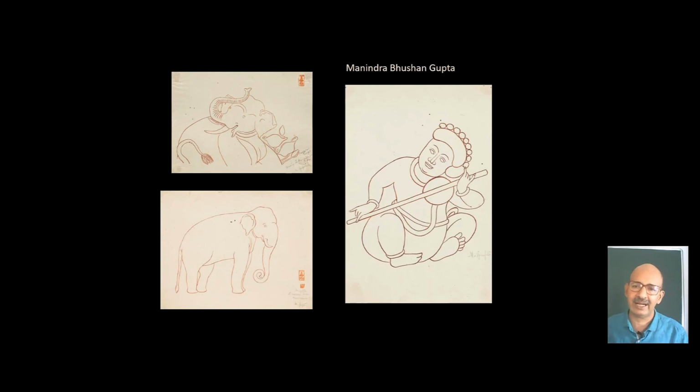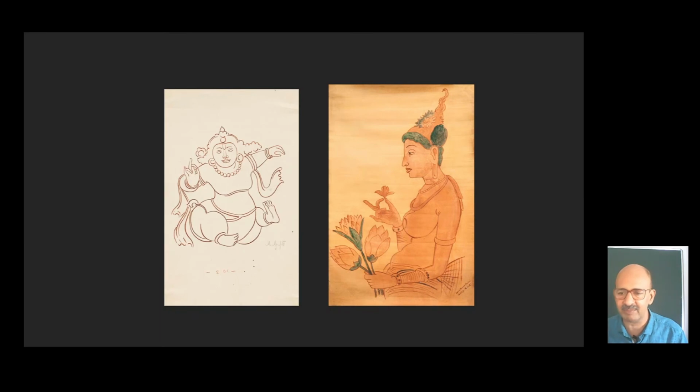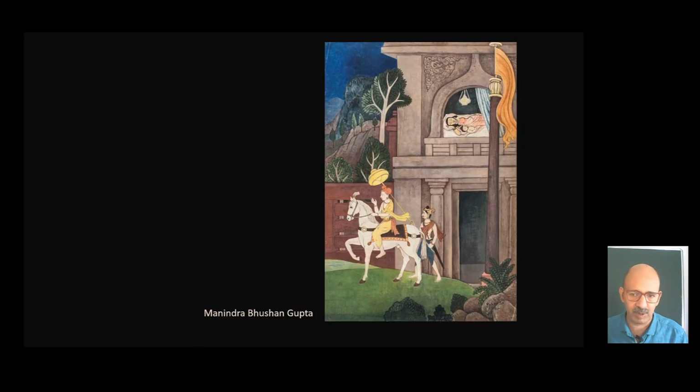Then later, as followers of Bengal school, we have Manindrabhushan Gupta, who directly studied traditional Indian paintings, figures, from sculptures, from paintings, and did plenty of such drawings, on the basis of which he also drew traditional paintings like this one, completely, you can say, an imitation of the traditional painting, but with certain changes of space, form and details.